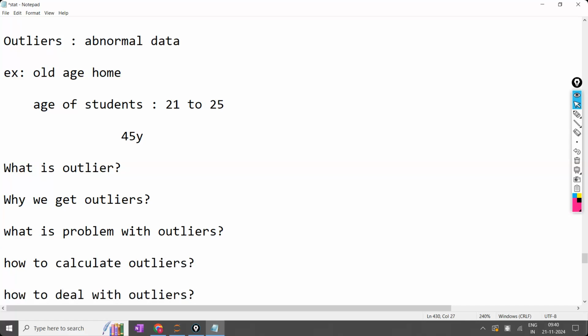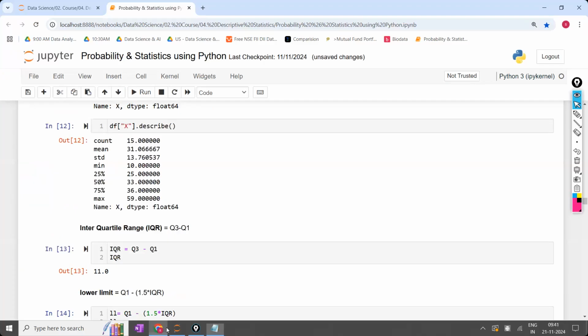Okay. Question number 1. What is an outlier? An outlier is something different from the remaining data. Other records will be of one type, and these records will be of some different type. They are called outliers. So question number 1 starts from here. In detail, I have written clearly here.